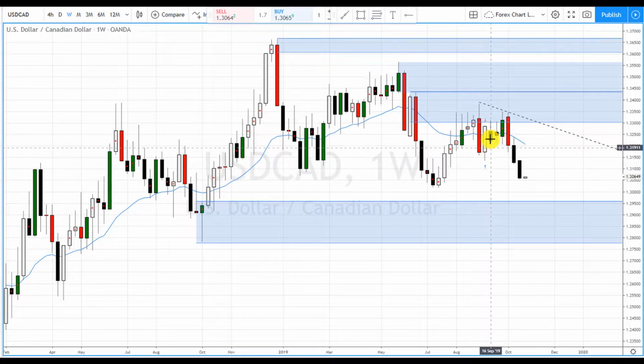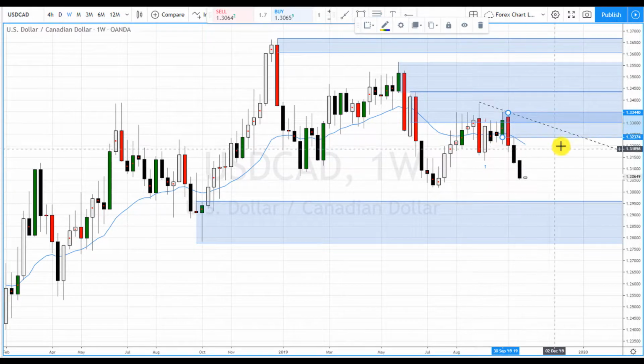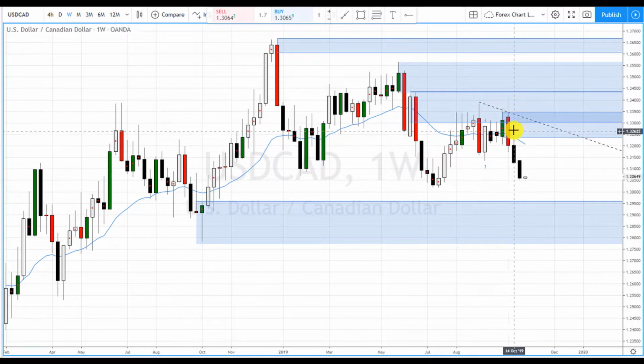Okay, and now it finally dropped, and then this area could be, it's not supply, but can it work? Yes, it can work because it's got a decent base and nice 3 candle drop. Okay, so if it retraces down here, it could drop more.